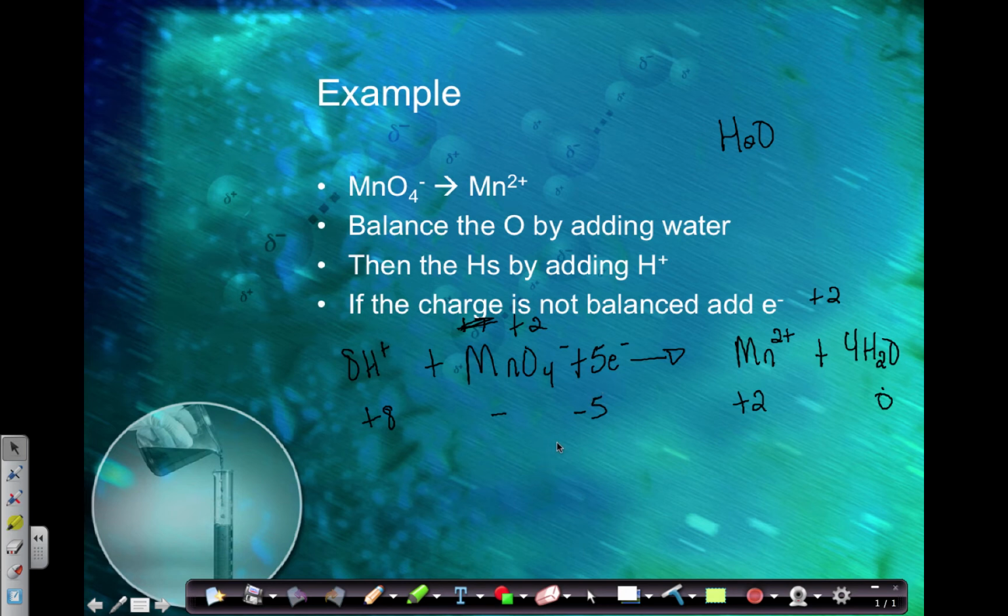You can't add them to the other side because that would just bring the charge down. That's not going to help you. So you look at this side with the larger positive charge and add electrons to that side. All right, so now that our charges are balanced and all the atoms are balanced, this is our new half reaction. Now we're going to look at the 2 half reactions together.